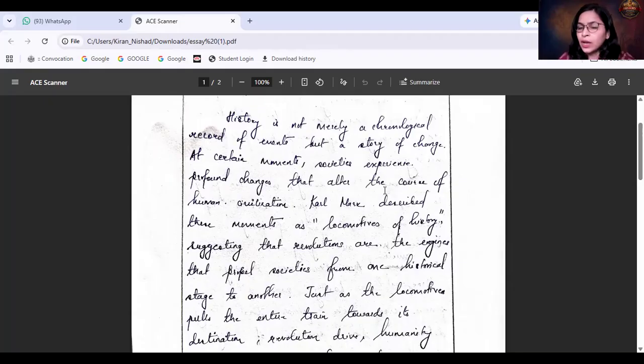And a certain point comes in society where society experiences a profound change that alters the course of human civilization. Karl Marx described those moments as the locomotives of history.